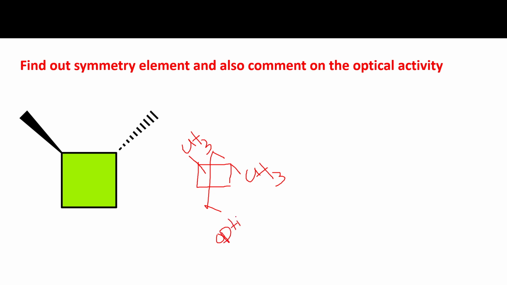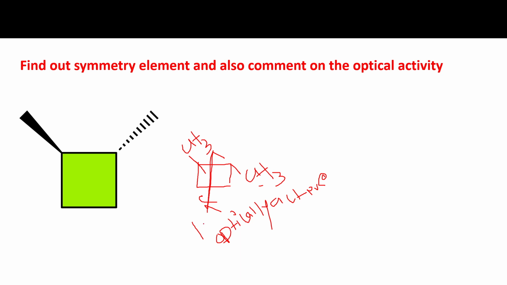And if you talk about the point group, it is optically active, but if you rotate your axis like this, and rotate this molecule 180 degrees, then what will happen is the methyl which was down will come up.